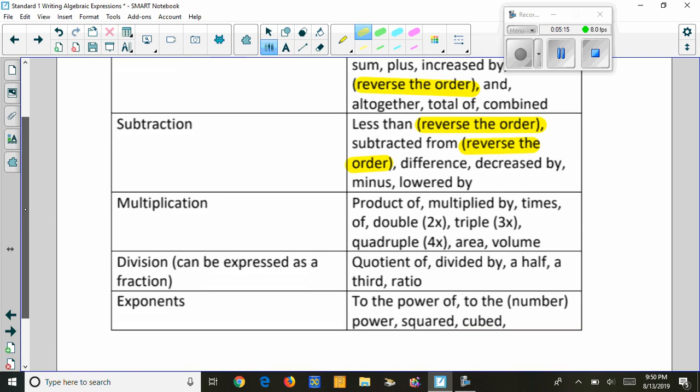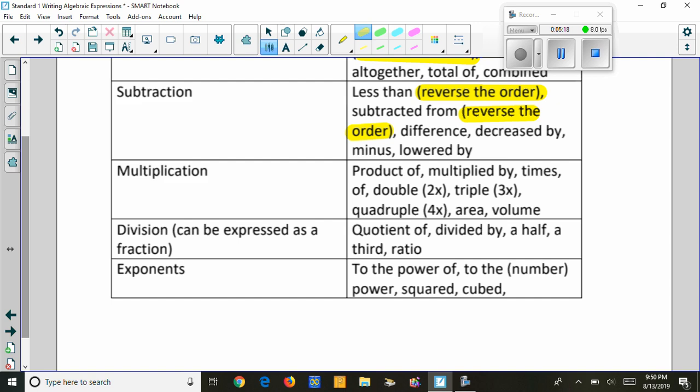Next up, we have multiplication. Words that can represent multiplication are product of, multiplied by, times, of. We could use double to mean 2 times, triple to mean 3 times, quadruple to mean 4 times.